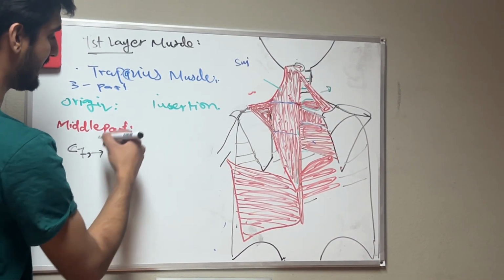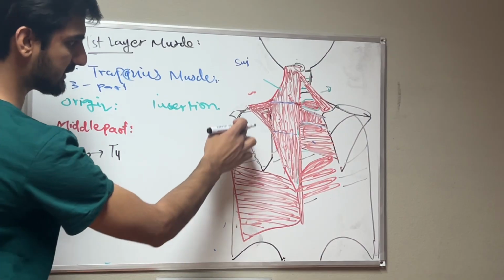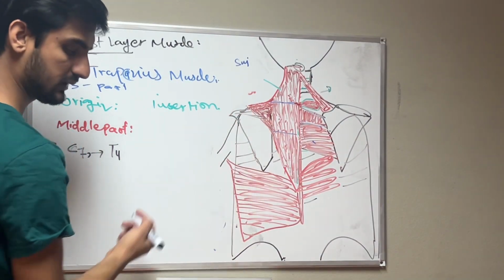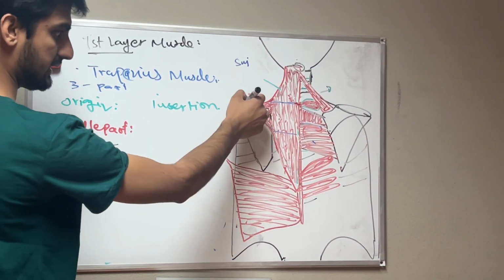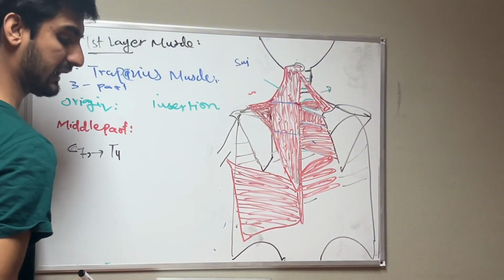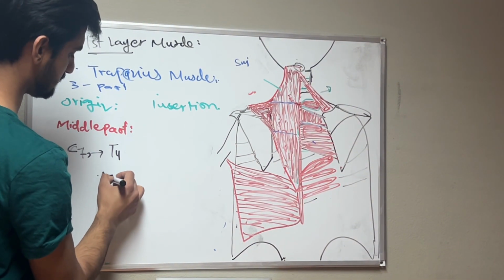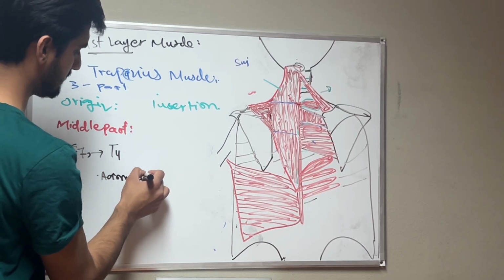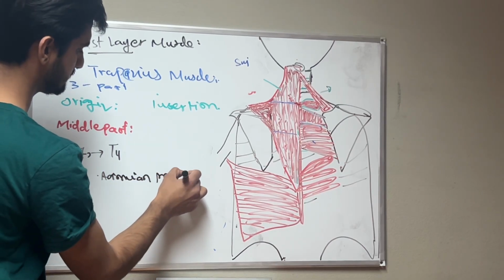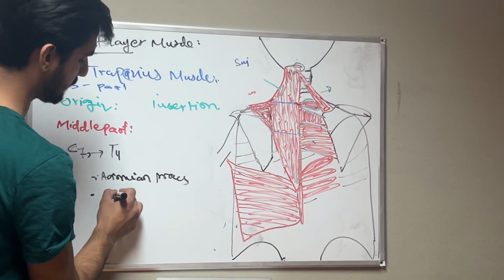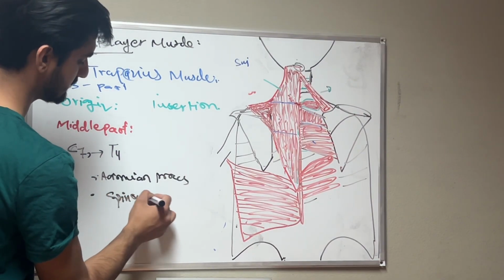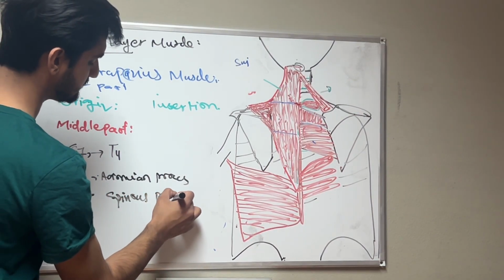Then the insertion here. Here we discussed the scapula. This is the scapula, and here is the spine process, and here the acromion process, which we discussed. Acromion process and spine process of scapula.